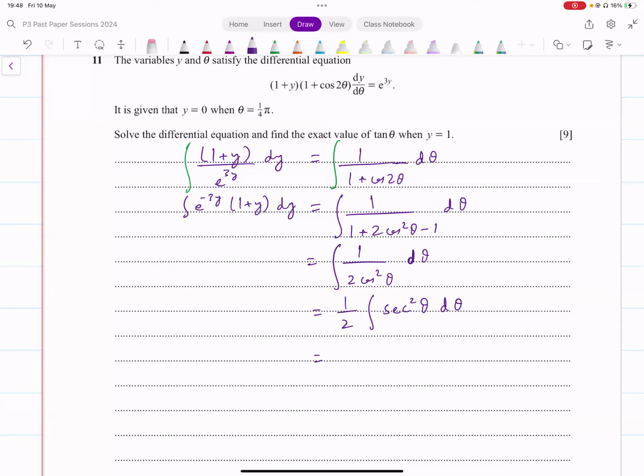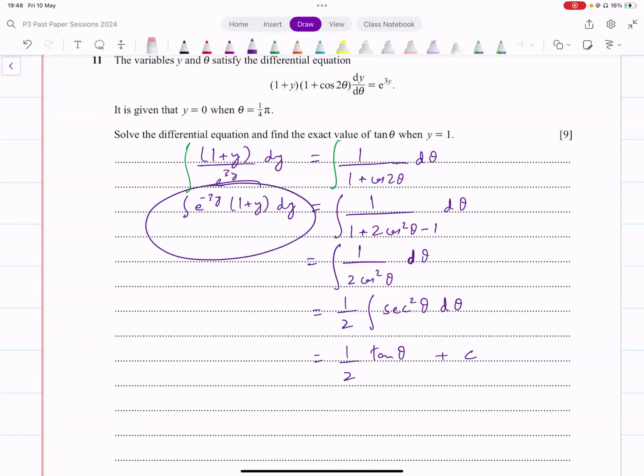And secant square, you know, can be integrated directly. Integration of secant square is just tan, right? Derivative of tan is secant square. Integration of secant square is tan. So it becomes 1 over 2 tan theta plus c. That's the integration on the right-hand side, okay? So you get at least 3 or 4 marks up to this point.